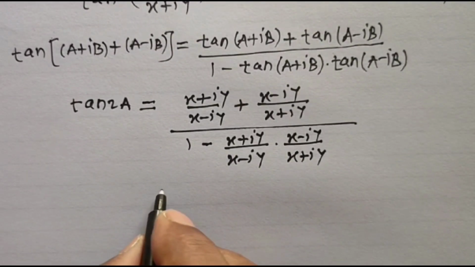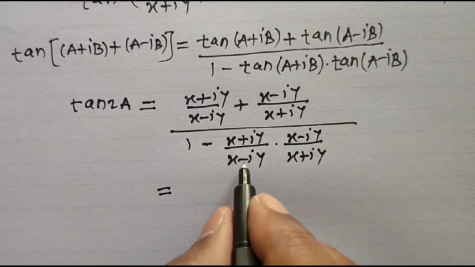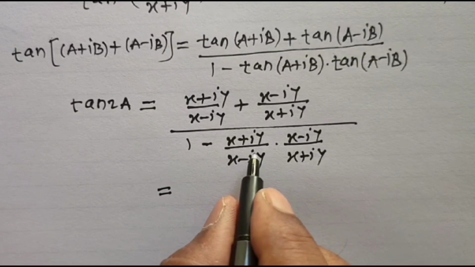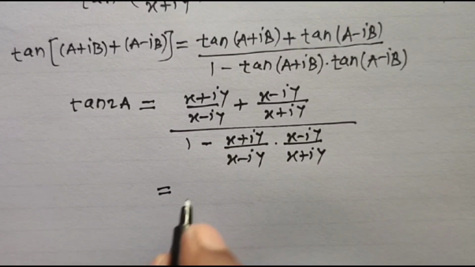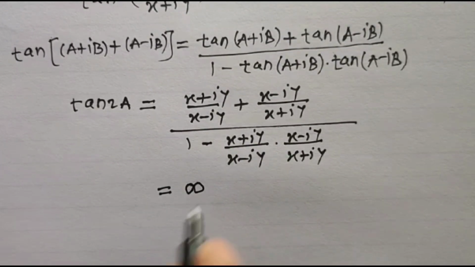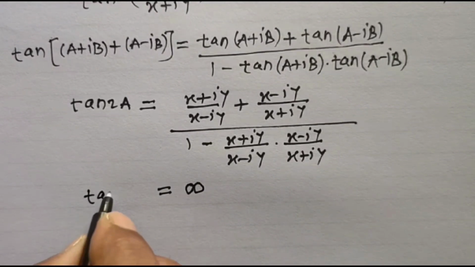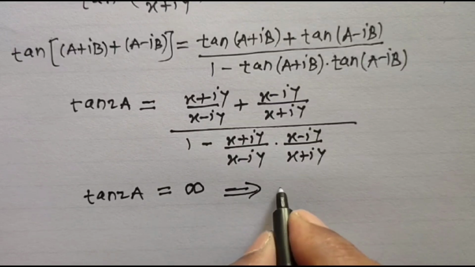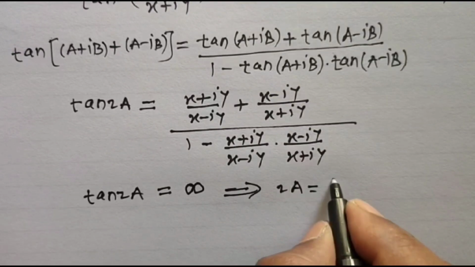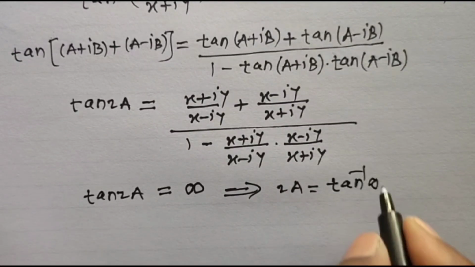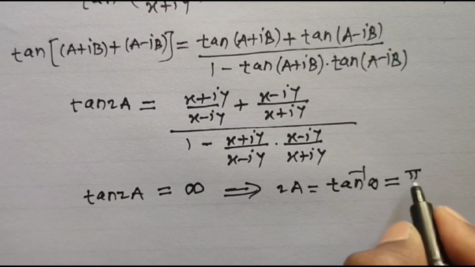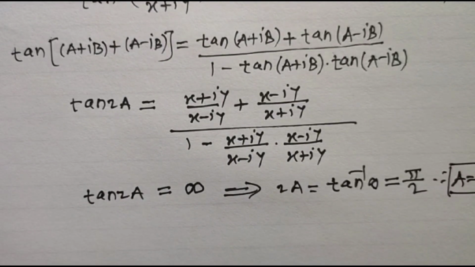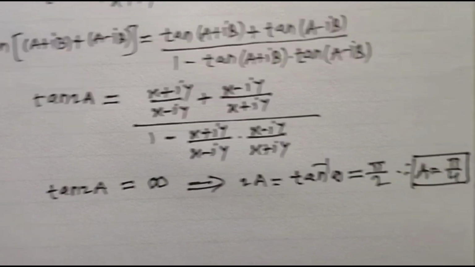Because x minus iy gets cancelled and x plus iy gets cancelled, 1 minus 1 is 0, the denominator becomes 0, so this is equal to infinite. Hence we can write tan 2a is equal to infinite, and this implies 2a is equal to tan inverse infinite, and tan inverse infinite is pi by 2. Hence a is equal to pi by 4, the real part of tan inverse of x plus iy divided by x minus iy.